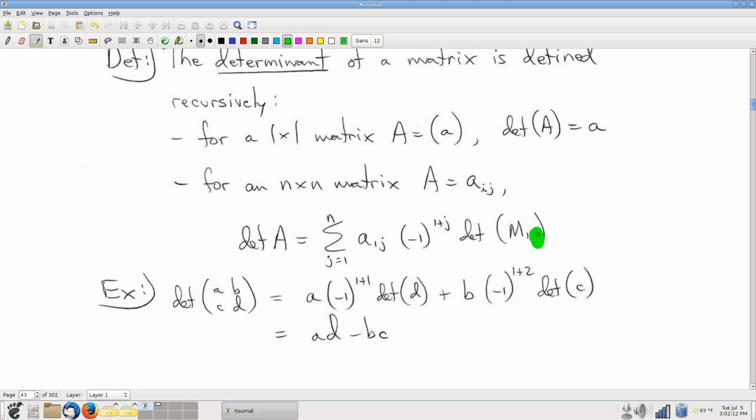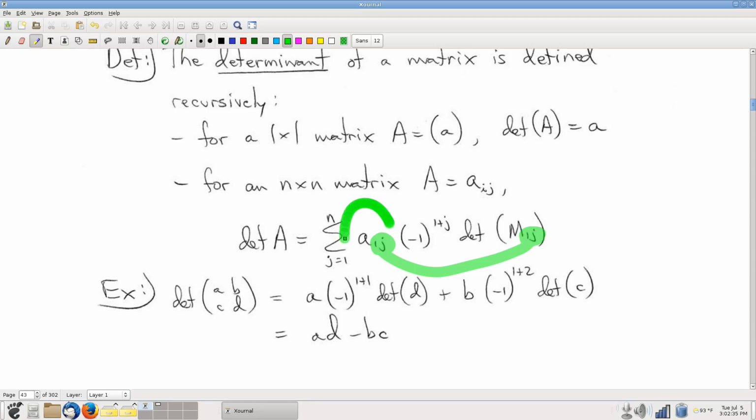Likewise, the column number that we'll be scratching out. Notice we're computing a minor here. We compute minors by scratching out the corresponding row, corresponding column. Here we're scratching out the jth column. You'll notice as well that the entry here and the minor that we're looking at have the same indices.